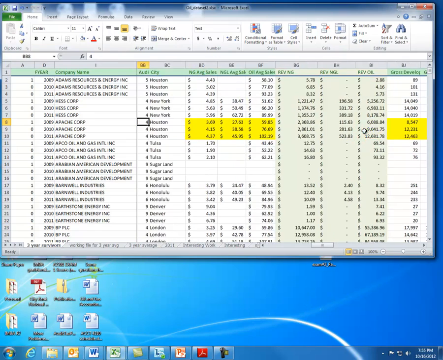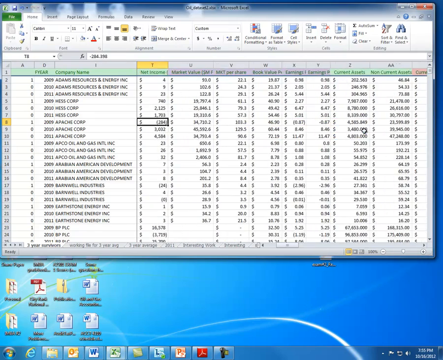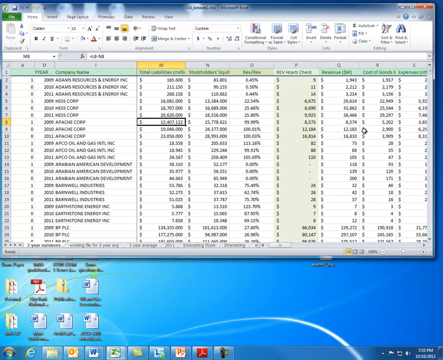They're in millions, so I took that revenue number in millions and created a new revenue number, which is the revenue hydrocarbon check. That is a comparison against the CompuStat annual report revenue number.